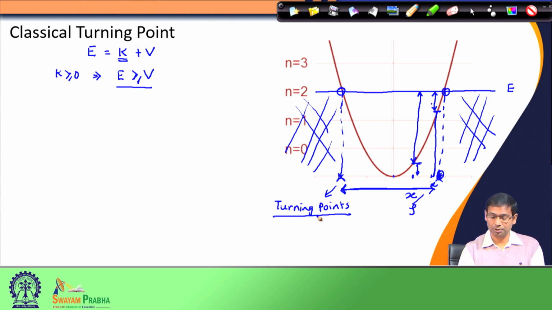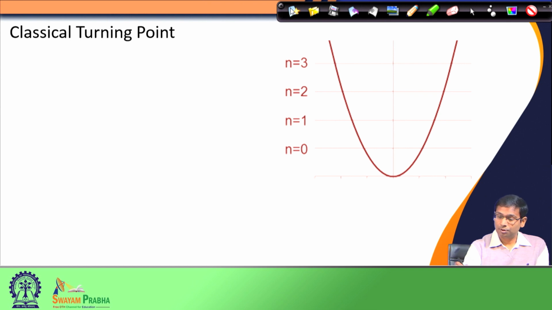Now we'll take this discussion and use the knowledge that we have obtained from the harmonic oscillator problem that we solved using quantum mechanics. To obtain some idea about the relation between kinetic energy and potential energy, we saw that the total energy should always be greater than the potential energy.